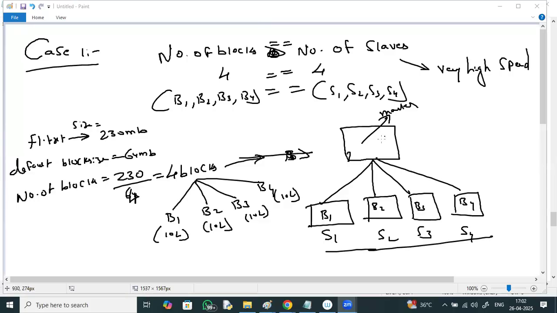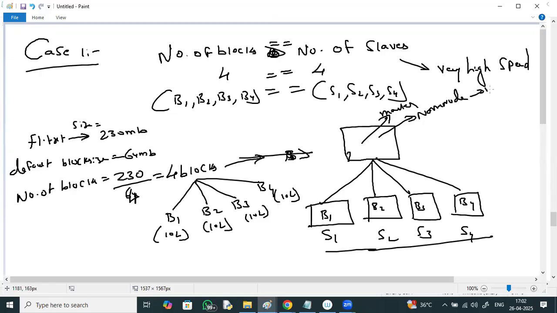Within the master node, you are going to see the name node. Name node maintains metadata information. Metadata means data about data. Here I have f1.txt, which is divided into 4 blocks: B1, B2, B3 and B4.